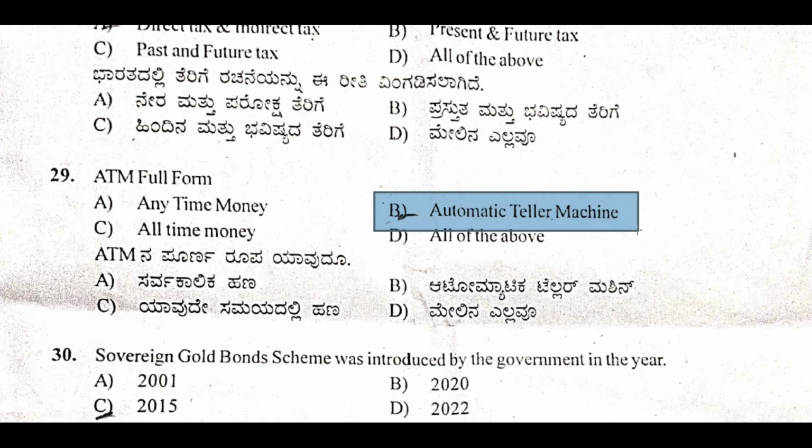This automatic teller machine is a self-service banking outlet, where you can withdraw money, check your balance, and even transfer funds. Different banks provide their ATM services by installing cash machines in different parts of the country. You might have used ATMs so many times. So the right option is option B.